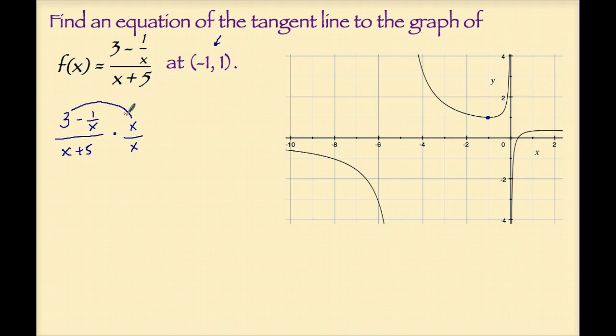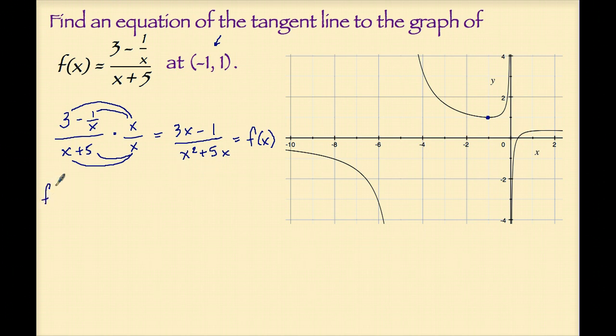So let's distribute it to both terms. Our new numerator is 3x minus 1. Distributing the x in the denominator, we end up with a new denominator of x squared plus 5x. Now remember, this is f of x, our original function. It's simplified, and since it's no longer a complex fraction, we'll be able to use the quotient rule and take the derivative.